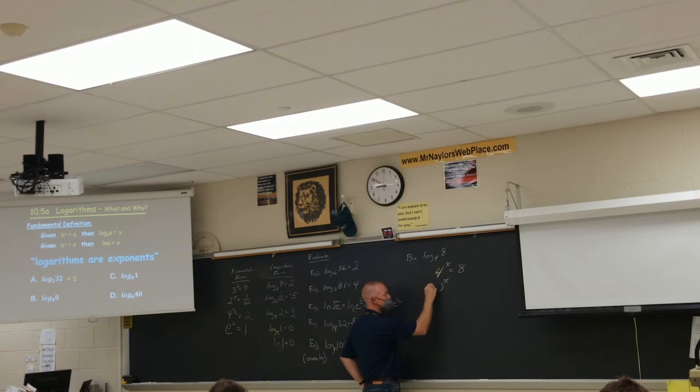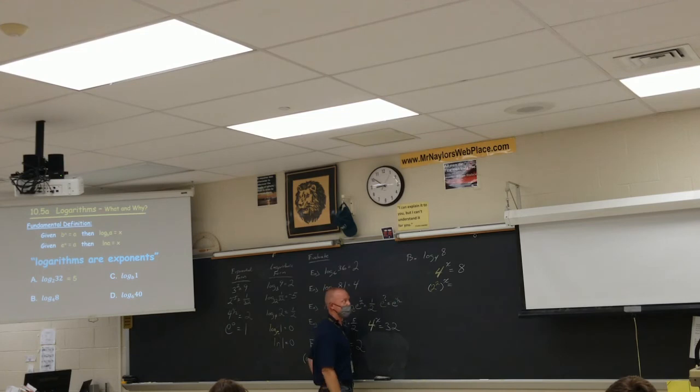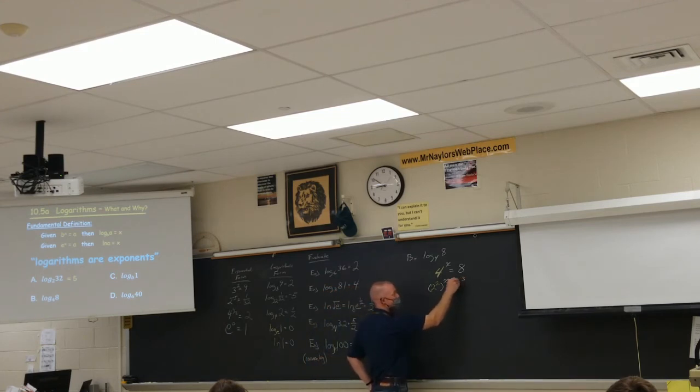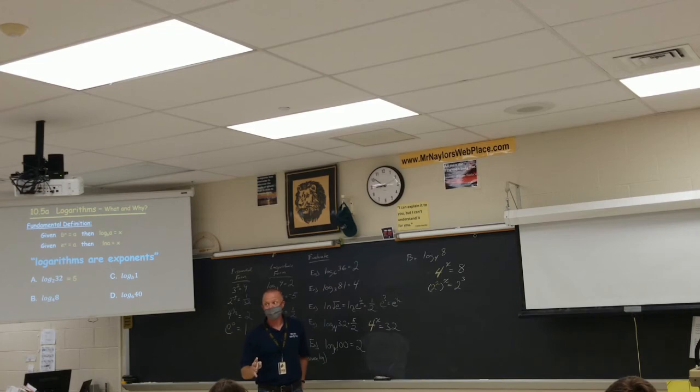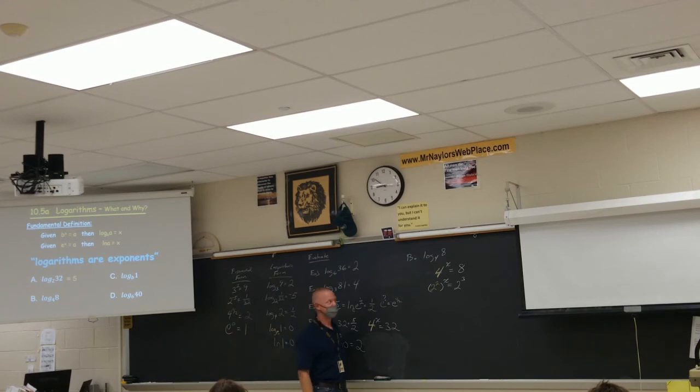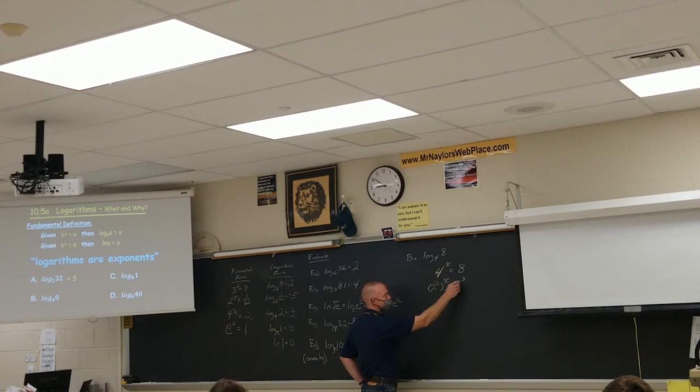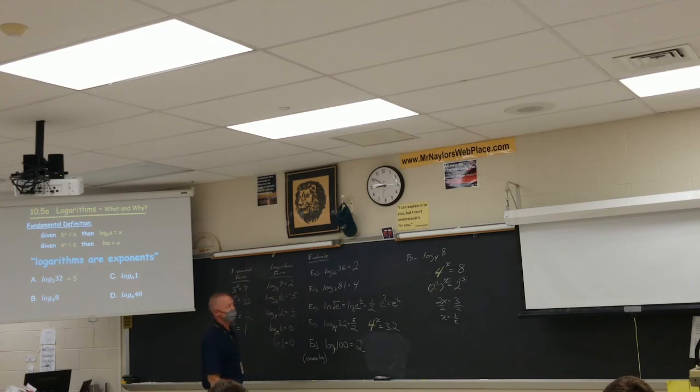So the number 4 is the same as 2 squared. It's just true. If I give you one of these, you're going to be able to make them have the same base. But how do you finish? Good, that's exactly right, so that you can get 3/2. So if I give you one of these, you'll be able to make the base the same.